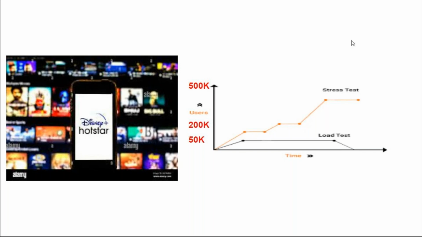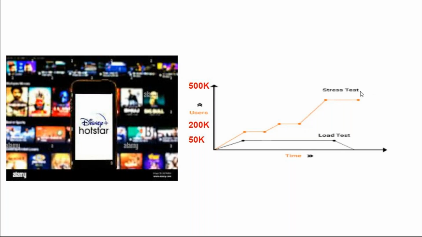So that time what you will do is, you will scale the users little by little, and you keep on increasing. There is no fixed time for this, like we need to run it for an hour or something, we don't have that restriction here.